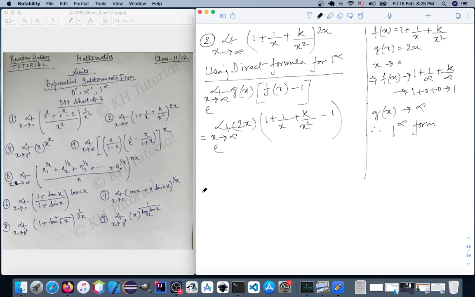This becomes e to the power limit x tends to infinity, 2x times (1 by x plus k by x square).